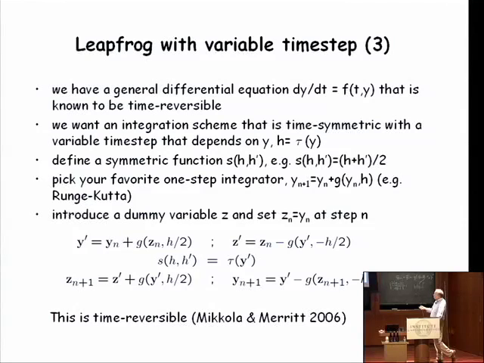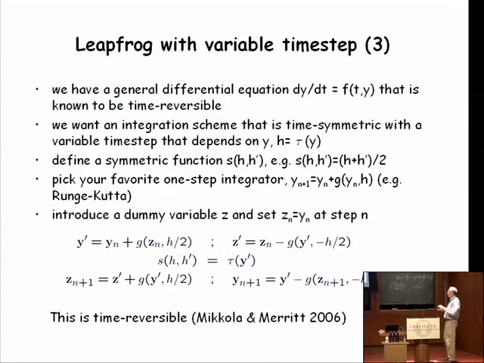Then you do something that sort of looks like Leapfrog. You advance your variable for half a time step using your integrator. Then you take the other variable, and instead of adding this function, you subtract it with its value at minus half a time step. Then, just as with Leapfrog, you change the time step according to your criterion. Then advance the dummy variable half a time step, and advance this one with a minus sign here by minus half a time step.